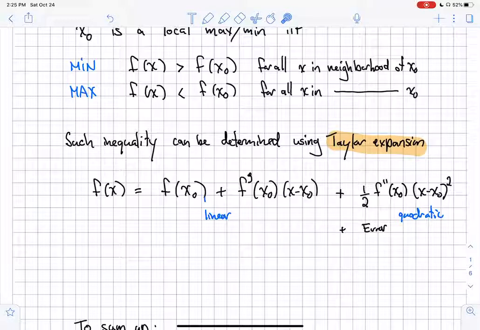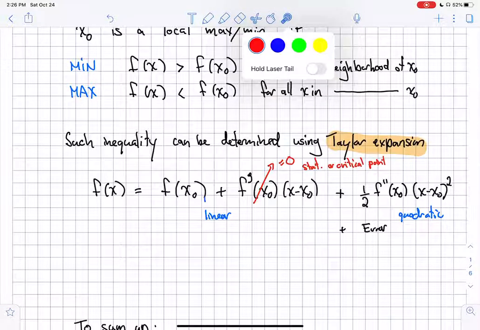So that wouldn't work for a local min or local max. Because we want this for every x around x0, left or right, we ask that f prime of x0 is equal to 0. That's x0 being a stationary point or a critical point. So that's the first criterion.